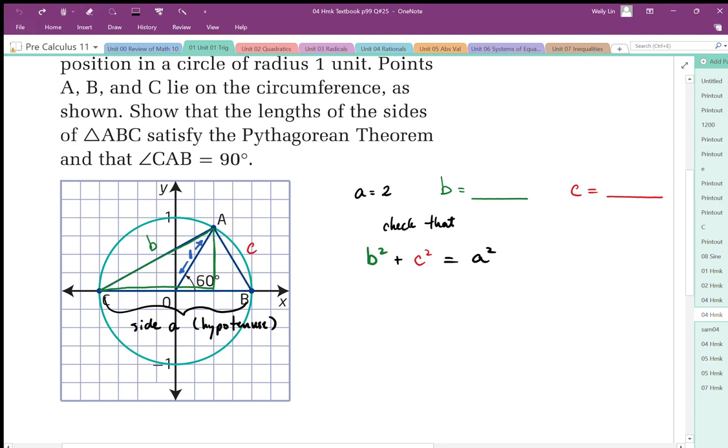However, we can do this another way as well. We can use some trig, which I think is what they are expecting us to do. If we take a look at this little triangle in here, that is a special triangle.